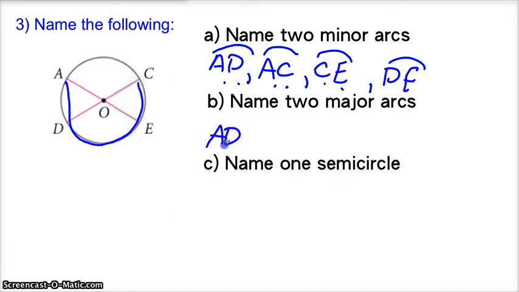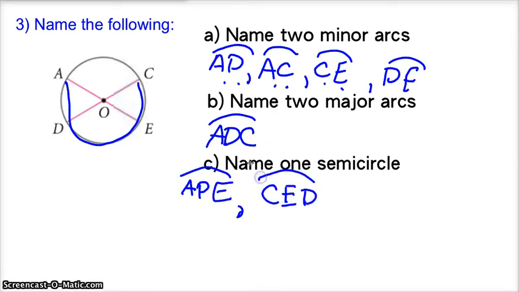I know that there is an E in there, but I don't want to use the E because that would give me the semicircle. I could name the semicircle this way too. So talking about another major arc, let's see, CEA would bring your eyes all the way around. So we really do need all 3 points.